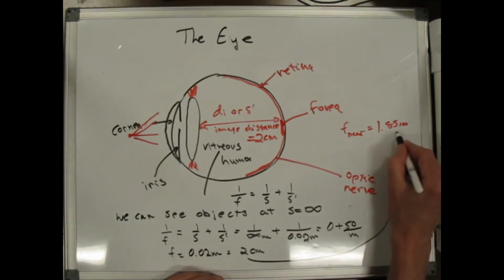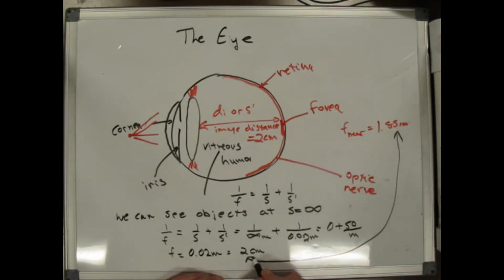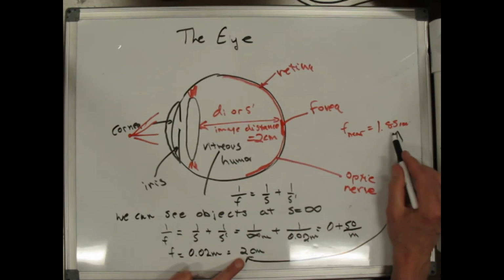And so actually the total range of focal length isn't that big for my eye. It varies between a 2 centimeter focal length and about a 1.85 centimeter focal length for the nearest objects I can see.